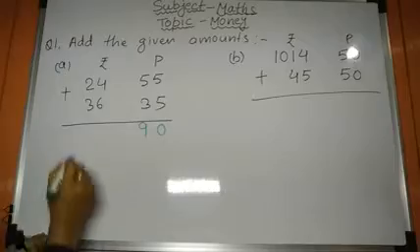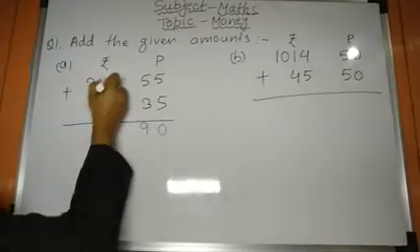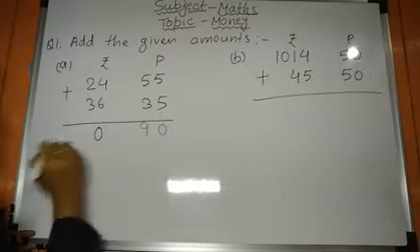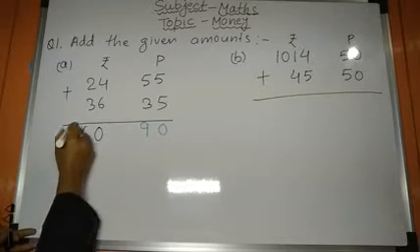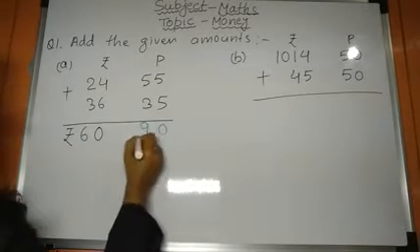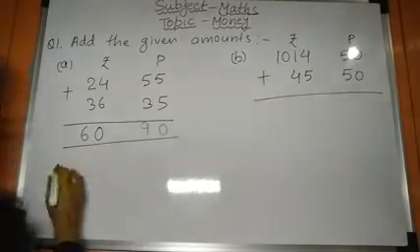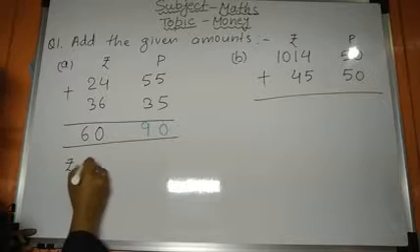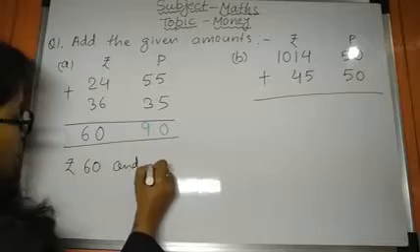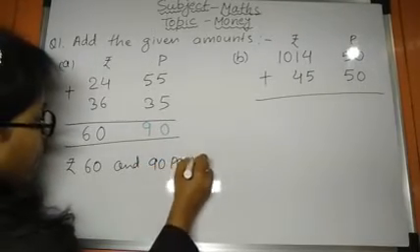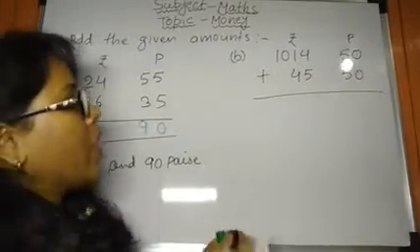We will write paise separately and the rupees column separately. 6 plus 4, 10, 0, 1 carry, 3 plus 2, 5 plus 1, 6, so 60. So this is rupees 60 and 90 paise. How will you write it? Rupees 60 and 90 paise.